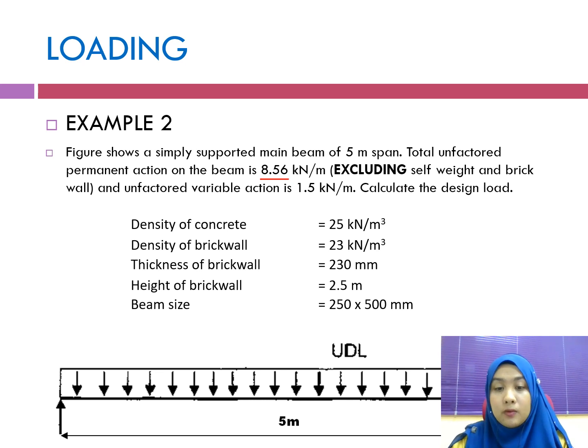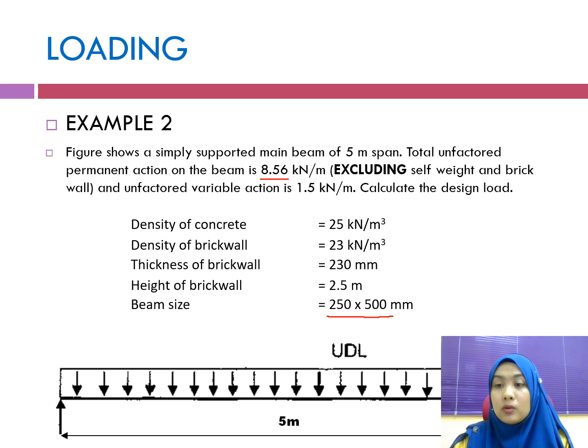The beam size is given as 250 mm times 500 mm. The brick wall density is 23, the thickness of the brick wall is 230 mm, and the height of the brick wall is 2.5 meter.